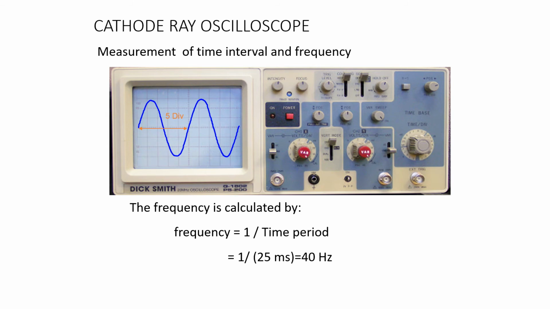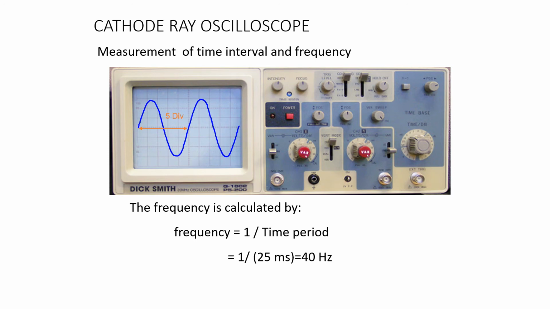If the line shifts up, then it is a positive DC voltage. If the reference line shifts down, it is a negative DC voltage. There also the number of divisions shifted we have to check. So volts per division into number of divisions it has shifted gives you the DC voltage applied.